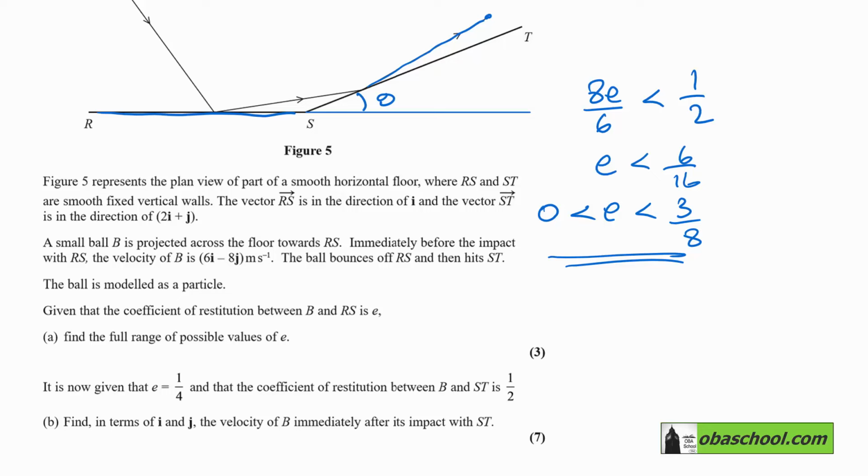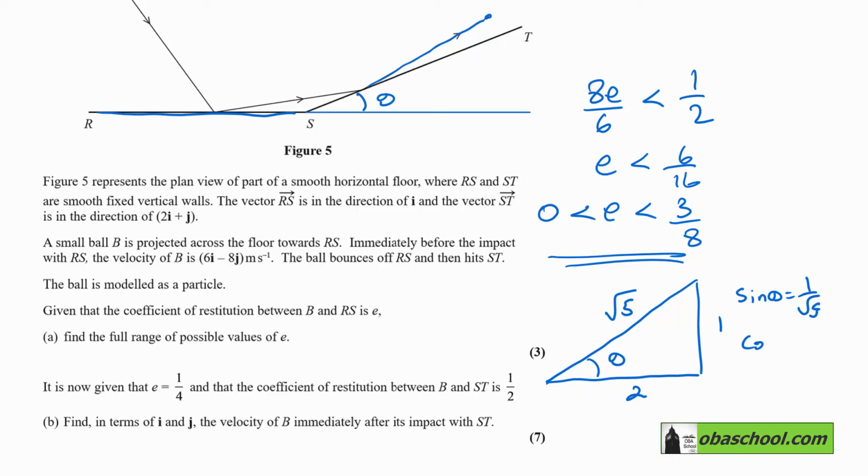Now, let's deal with that angle to start with. So we know that this was 1 and 2. We dealt with that in the first part of the question. And that makes this one root 5. And that means that sine theta is 1 over root 5, and cos theta is 2 over root 5.